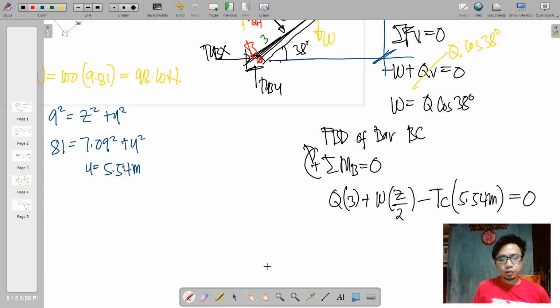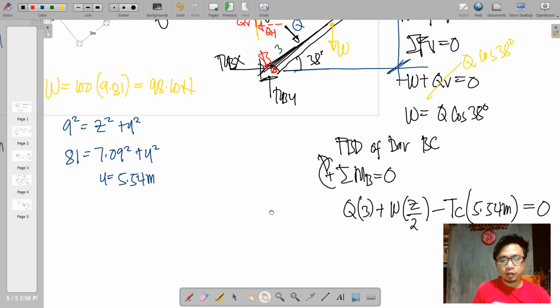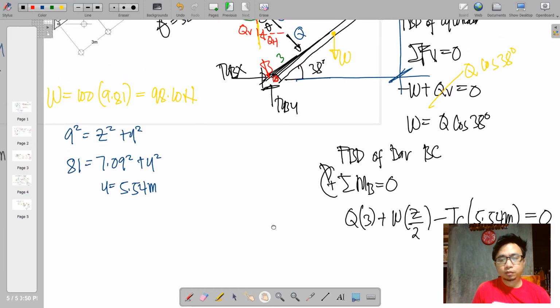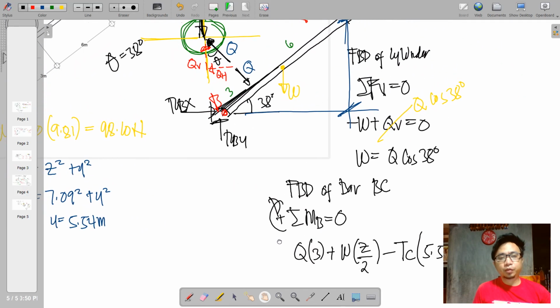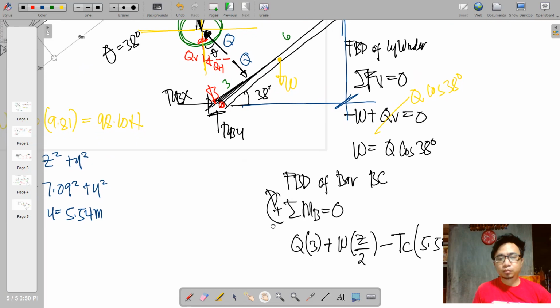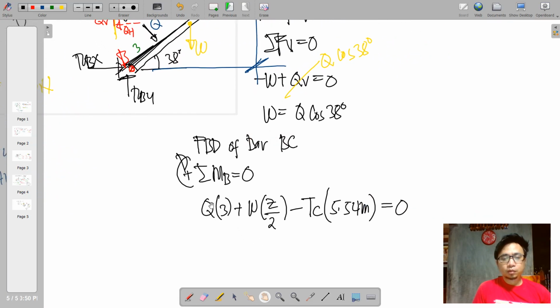So we will just substitute all the data here. What is the value of Q in terms of W?